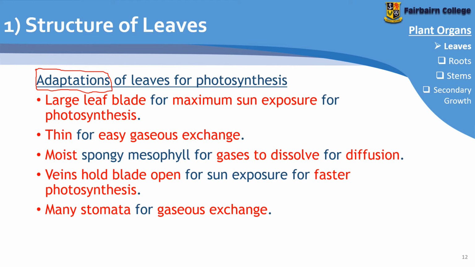Also, the spongy mesophyll of the leaves has a layer of moisture around it, so the whole inside of the leaf has quite a high level of moisture, and this is because the gases dissolve in the moisture, which makes the diffusion a lot easier and a lot quicker. This is a common trait that you will see in living things: moisture allows diffusion to happen a lot more smoothly.